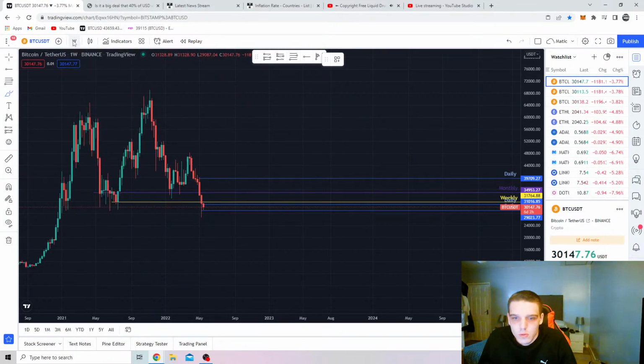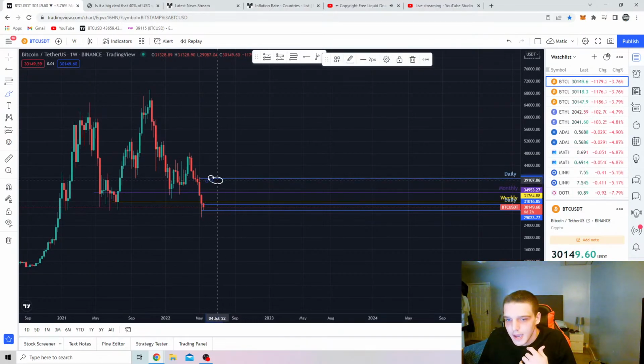I'm just thinking, do we do it on the weekly or on the daily? Okay, so the first main one from where we are now is that 39k area. This one here. That 39k area is the first important level on the way up. We then have 45k, another key area.